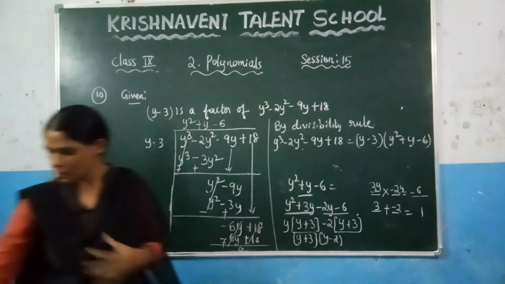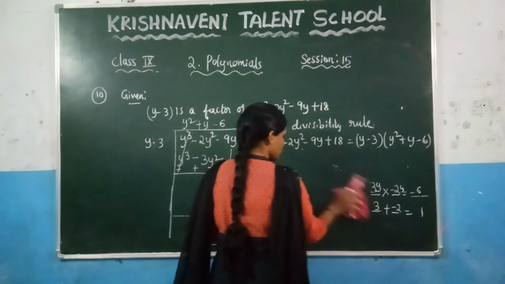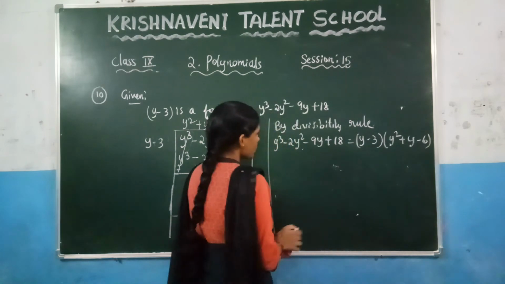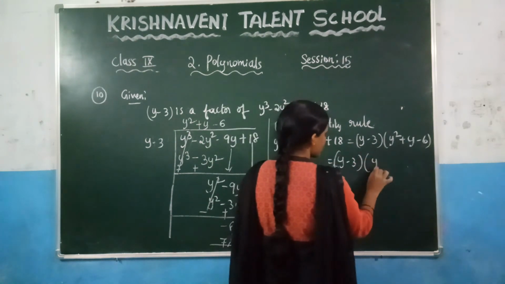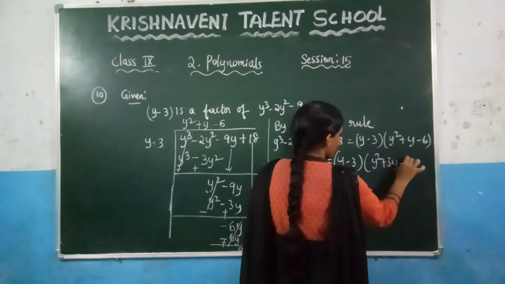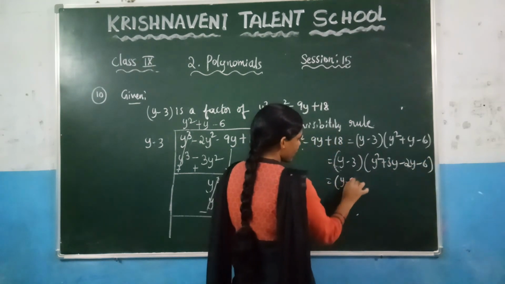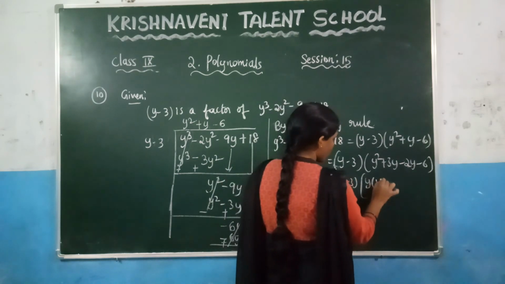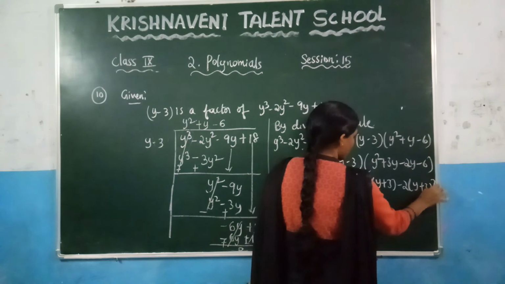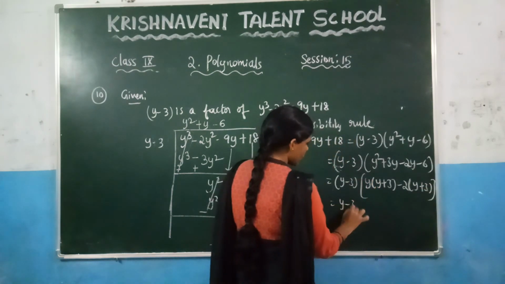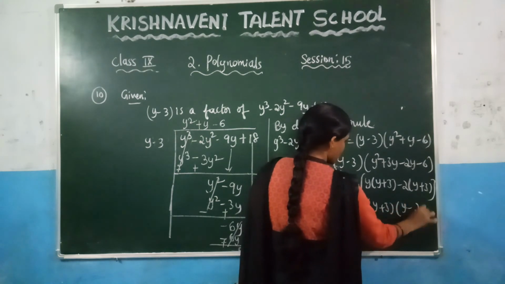Now write it here: y minus 3, and this one we have split as y square plus 3y minus 2y minus 6. Now you can take y common, y plus 3, and minus 2 common, y plus 3. So you will get y minus 3, y plus 3 into y minus 2.